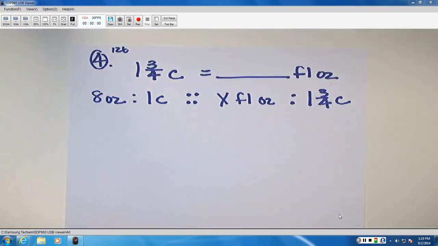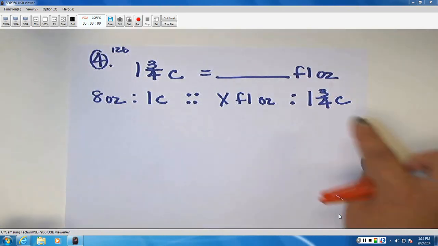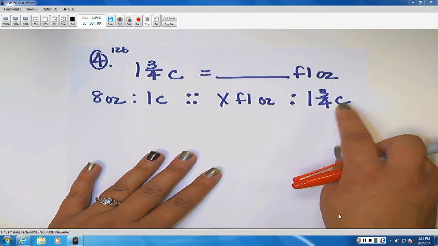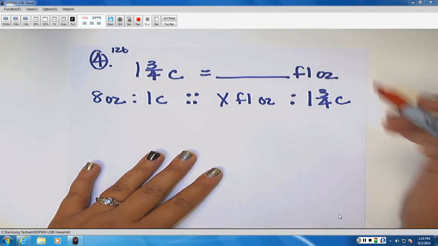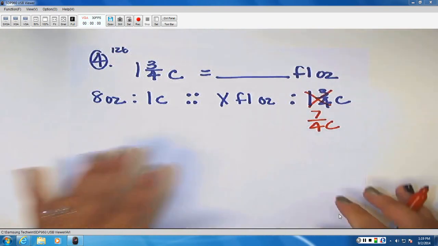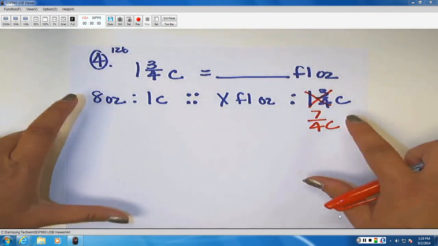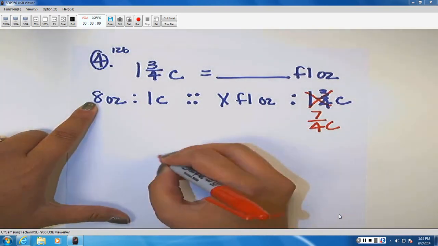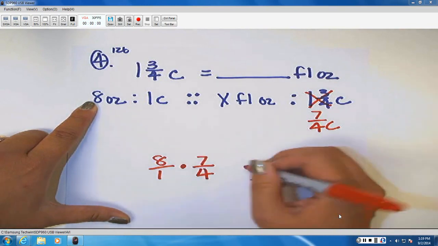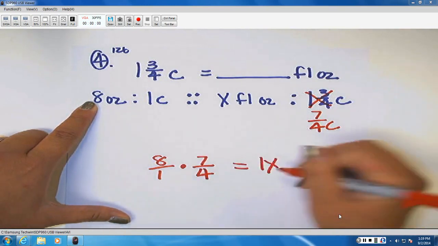So we'll just do our math. First of all, before I get too much further, I'm going to take this mixed number and turn it into an improper fraction. So that's going to be 4, 5, 6, 7 fourths is what that's actually going to turn into. So we have 8 times 7 fourths. And it's going to equal 1x.